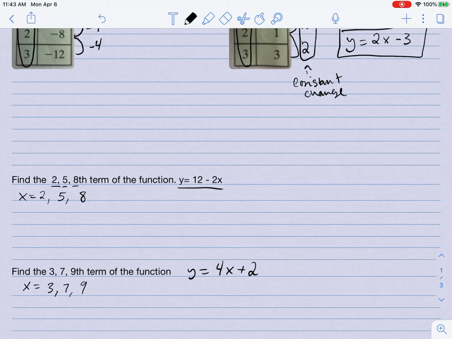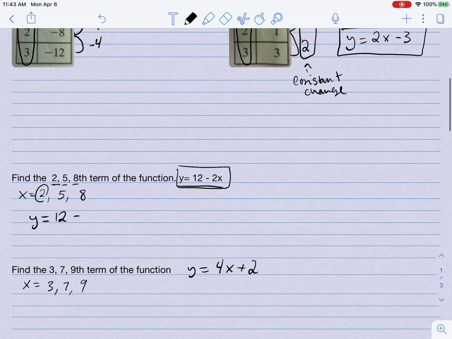Okay, so last thing we're going to look at is we're given our function rule here, and we want to know what our outcome is going to be for given x's. So in this case, 2, 5, and 8. So all we do, we're just going to take our equation and plug in these values for x.